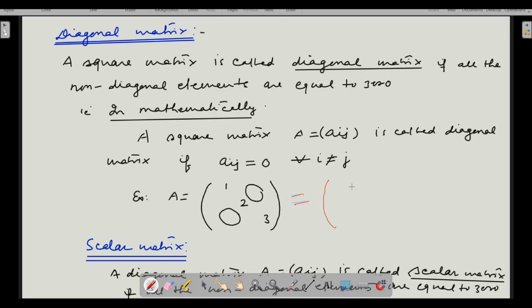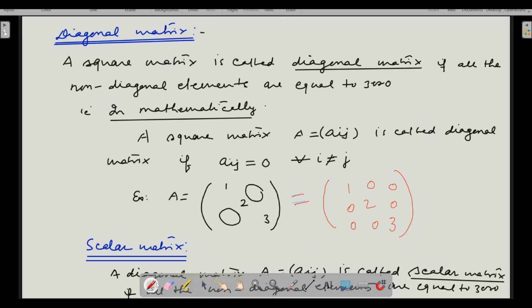So it is something like this: 0 0 0, 0 0 0. This is a diagonal matrix, and over here zeros are there. So 1 2 3 zeros, 1 2 3 zeros. In short, I can show it with a huge zero like this. This is a short form representation of this particular matrix.